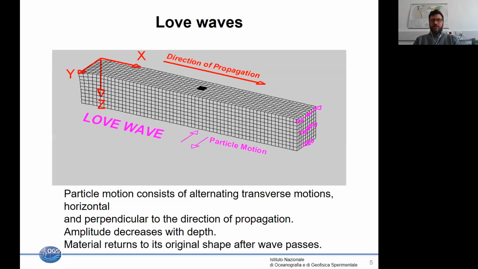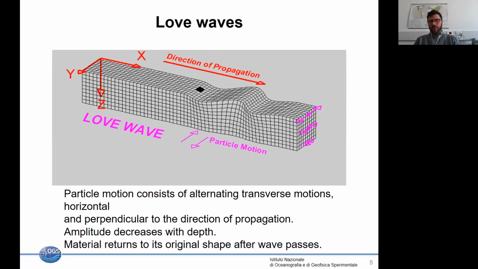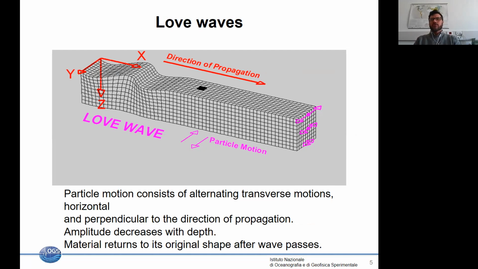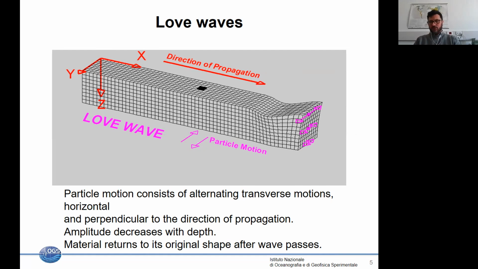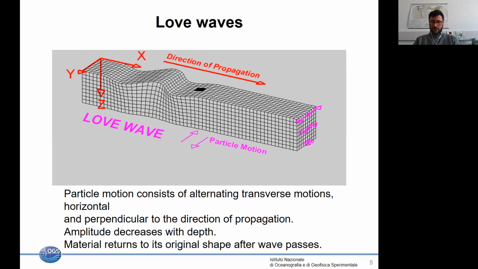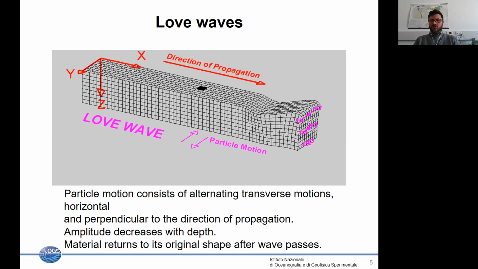In the case of surface waves, we can also consider Love waves. You see already here that in this case, the ground shaking, the particle motion, is orthogonal to the direction of propagation. Also in this case, the largest amplitude of motion is closer to the surface, and the amplitude tends to diminish going in depth.